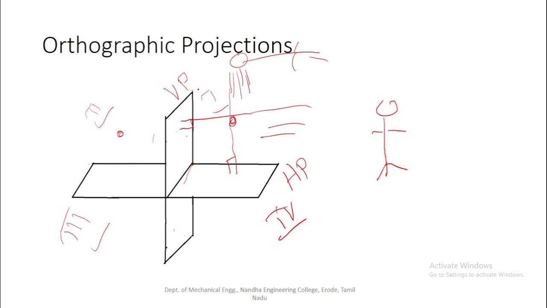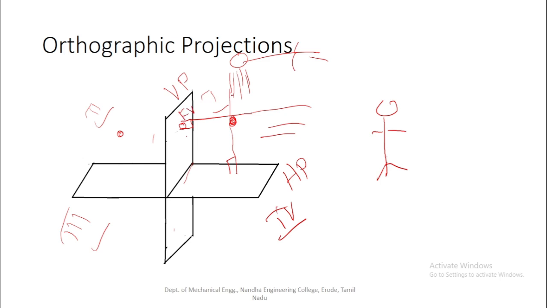Here, for example, the observer is here to draw the front view. The object is placed in the first quadrant. The rays coming out from the observer's eyes project the object, and that projection falls on the vertical plane. So this is the front view.